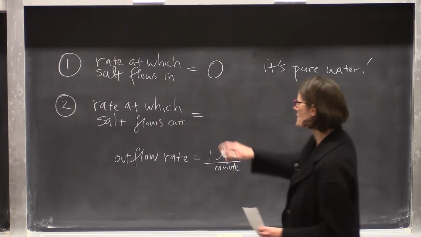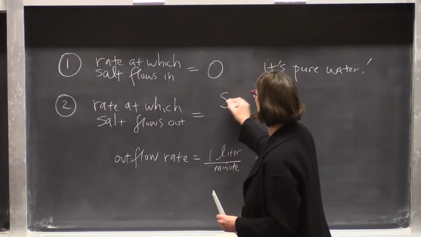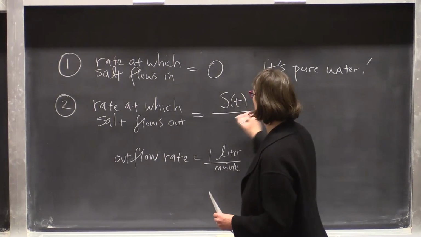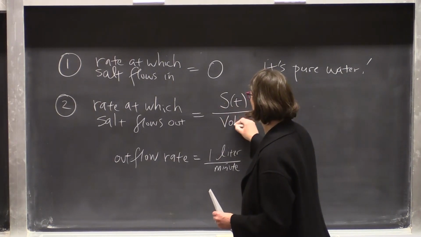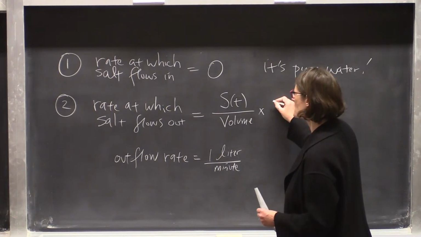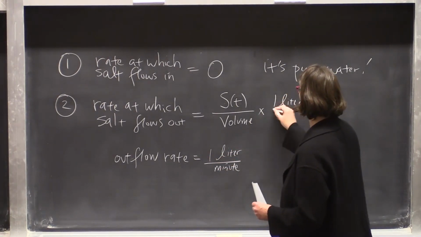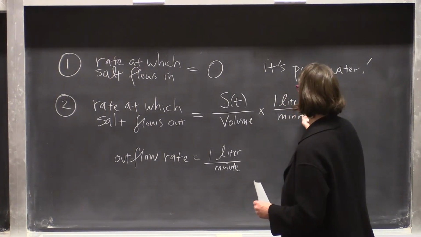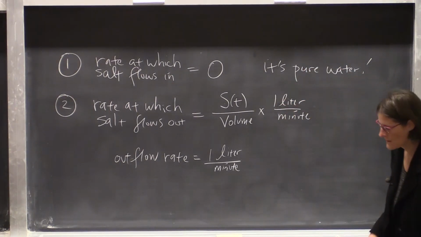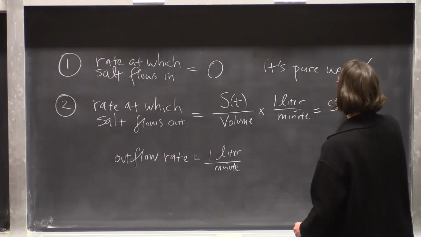And so the rate at which salt flows out is going to be the current amount of salt times the volume times the outflow rate times the 1 liter per minute. So that is S of t.